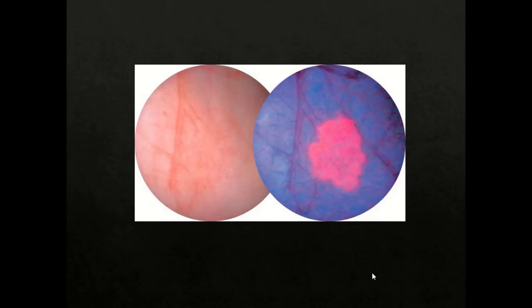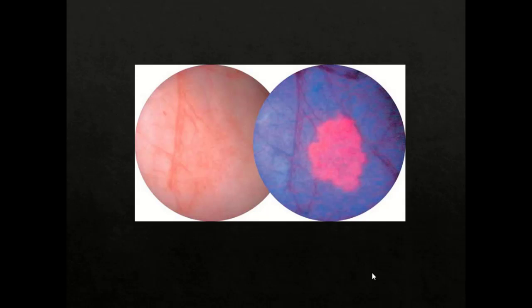This is an image of white light cystoscopy. You can easily see that there is normal looking mucosa, but on fluorescent cystoscopy using hexaminolevulinic acid, there is a lesion you can appreciate.